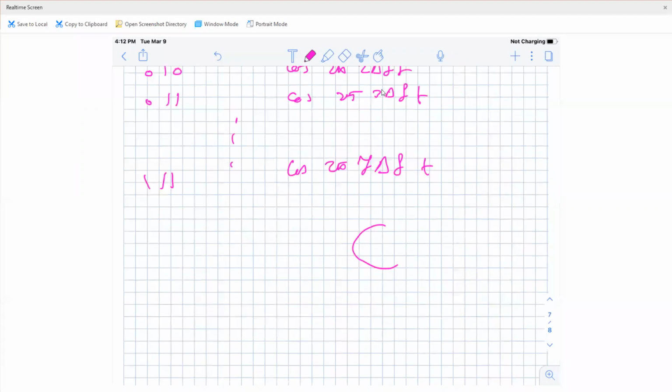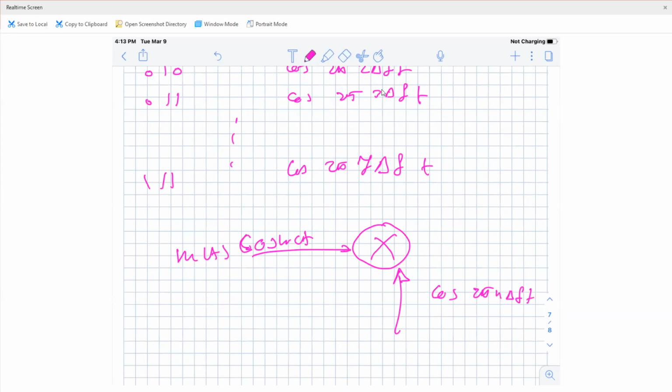So here at this point, let us explain it. M of t cosine omega ct will be multiplied by cosine 2 pi n delta f t.